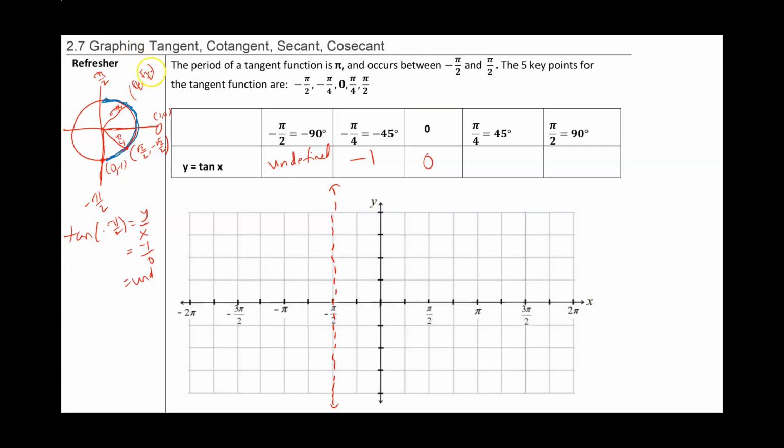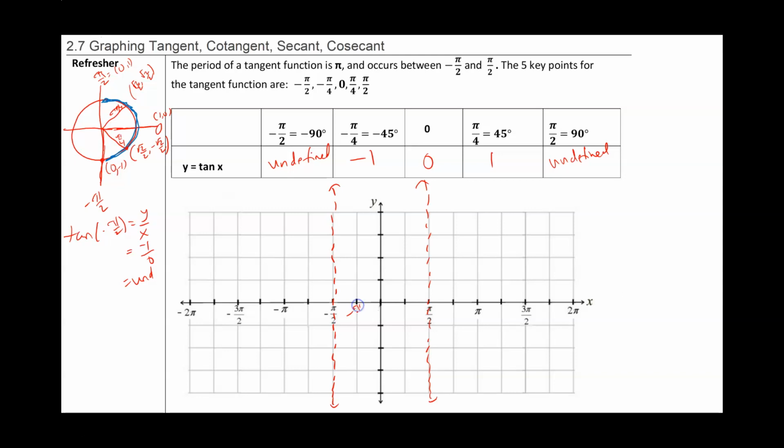So if we take the numerator of the y value divided by the numerator of the x value, this will give you 1. And then at pi over 2, this point is 0, 1. If we take y over x, that's 1 over 0, and that's going to be undefined. Which means we have an asymptote at negative pi over 2 and again at pi over 2.